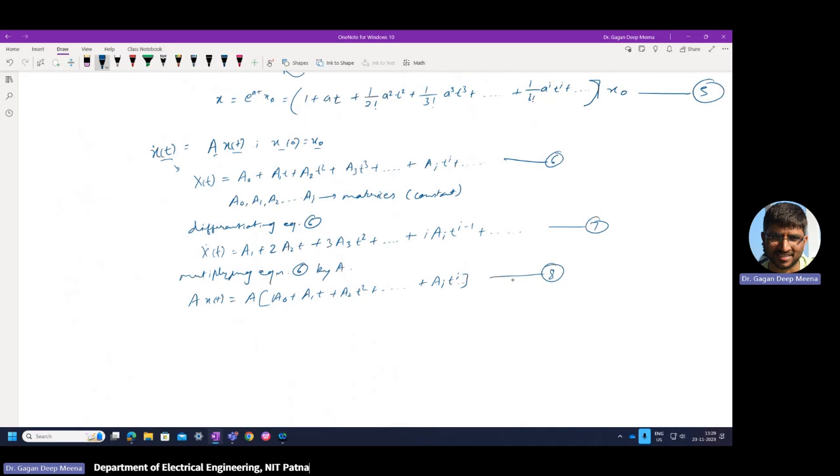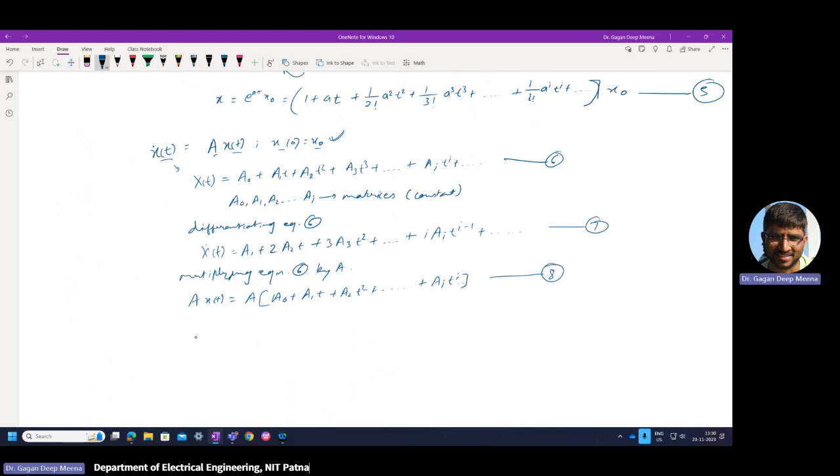And now from the equation we have considered, we know that x dot is equal to A x of t. So we can equate the coefficients of equal powers of t in equation number 7 and equation number 6. Equations 7 and 6 have several equal powers of t.